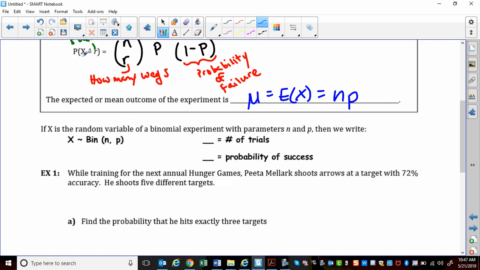If X is a random variable of the binomial experiment with parameters N and P, then we write X is distributed as binomial N, P. This little tilde right here means X is distributed as the binomial distribution.